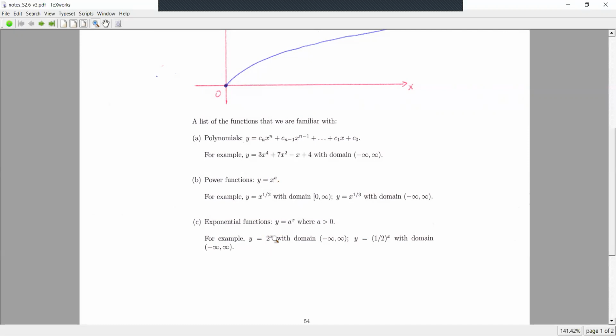The domain of this function is any number. 1/2 to x is an exponential function. The domain is also any number from negative infinity to positive infinity. You can have a try with your calculator. Plug in negative number in x, 0 in x, positive number in x, and see whether or not your calculator can compute that number. Computable.